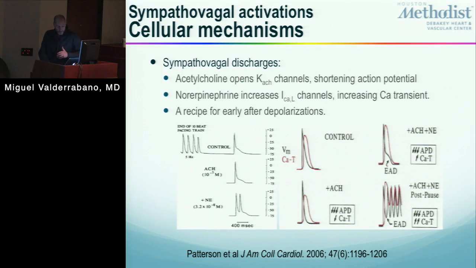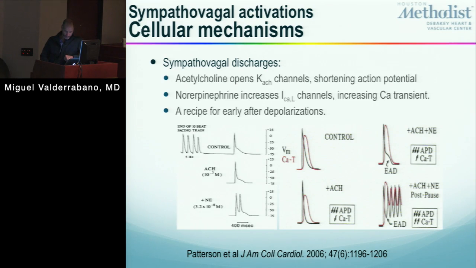So we have an idea as to why this neuromodulation can create the trigger of AFib by creating this early afterdepolarization, and also can create the substrate of AFib, because if it shortens the action potential across the atrium, the atrium is able to sustain much faster rates than during physiological conditions.